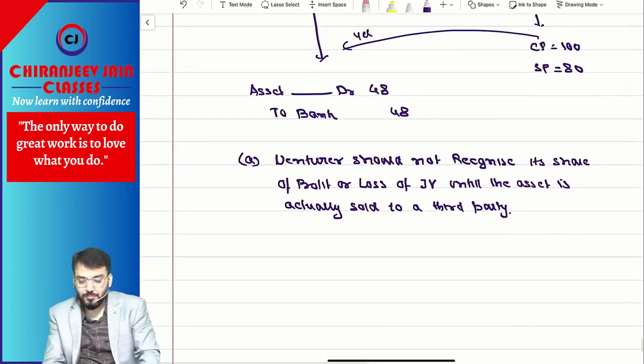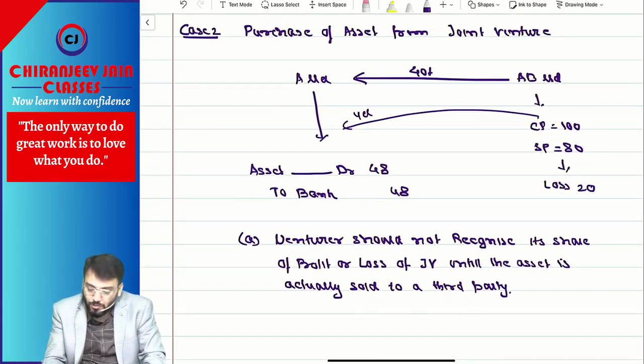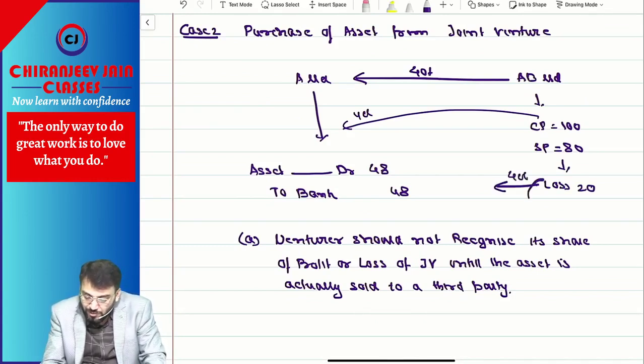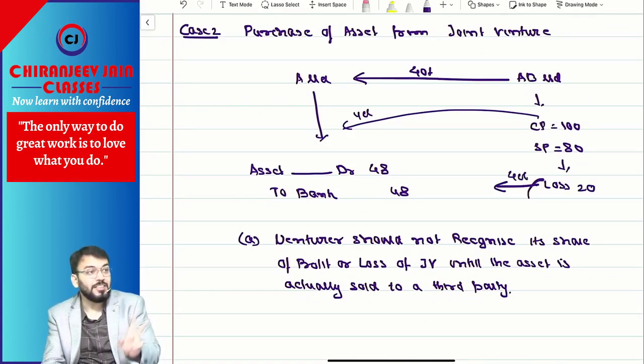Correct? Means what they want to say? There is a loss of how much? 20. Out of this loss, how much belongs to A Limited? 40%. So whether they should recognize this loss? No. 40% of 20 they will not recognize.